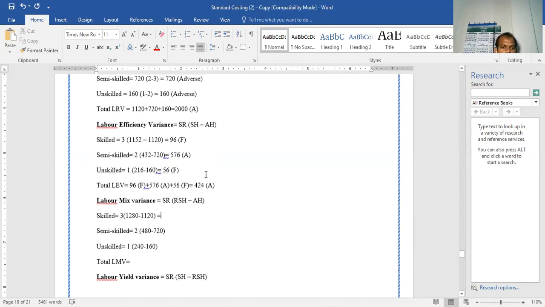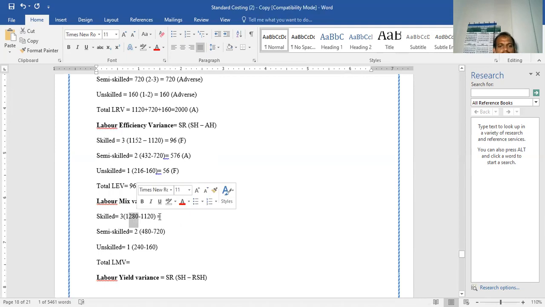So it is a plus value, and a plus value means favorable variance. We always have to remember whether it is a plus value or a minus value. If it is a plus value, we mention it as a favorable variance. 480 is the favorable difference.